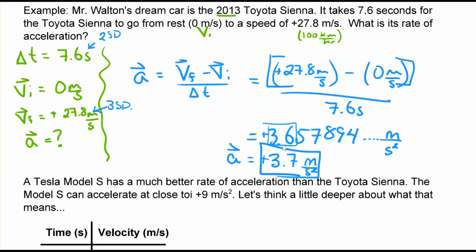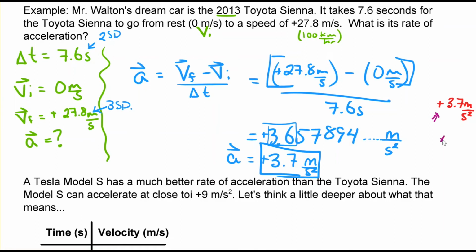So let's think about what that actually means. What this means is that every second, my car is increasing its speed. When I say positive 3.7 meters per second squared, that means we are increasing our speed or velocity by 3.7 meters per second every second.